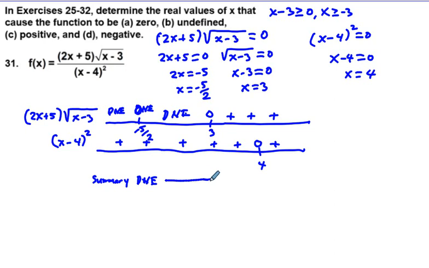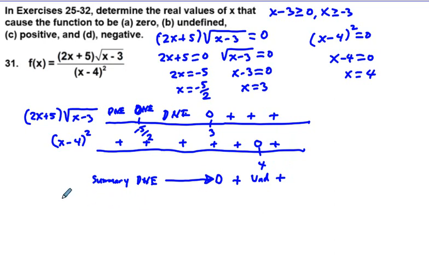And at 3 we have 0 divided by positive, which is 0. Between 3 and 4 we have positive divided by positive, which is positive. And then at 4 we have positive divided by 0, which is undefined, and greater than 4 we have positive divided by positive.